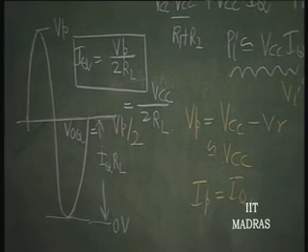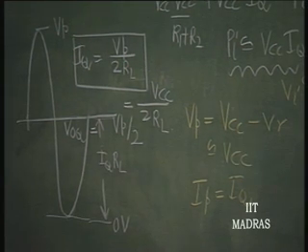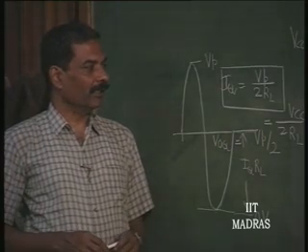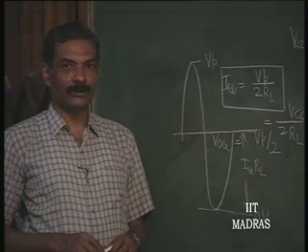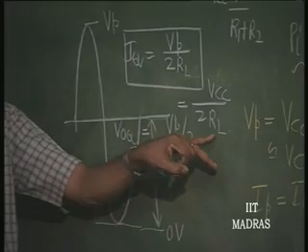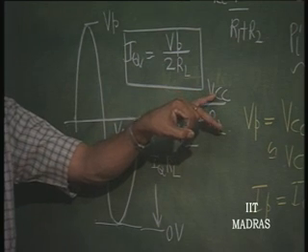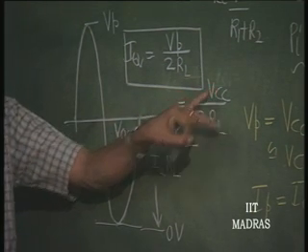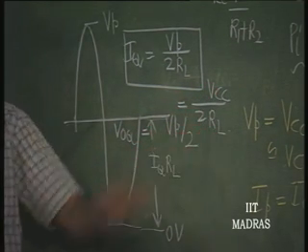So, let us say supply voltage is 10 volts and R L is 100 ohms, then the current will be 10 volts divided by 200 ohms.